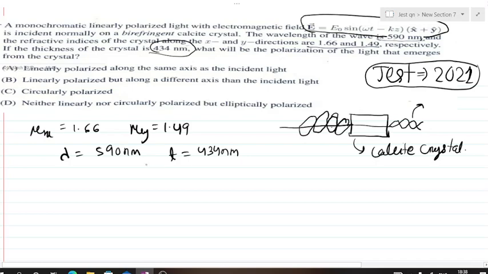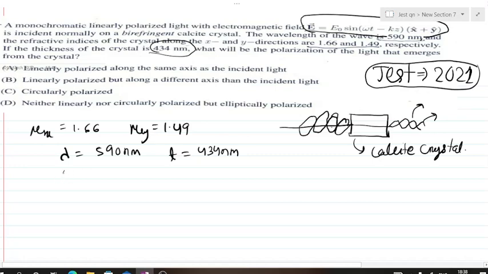And this electric field is this much. No matter. Basically we have to find the phase difference of the emergent wave, so that we can find out whether it's linearly polarized, circularly polarized or elliptically polarized.